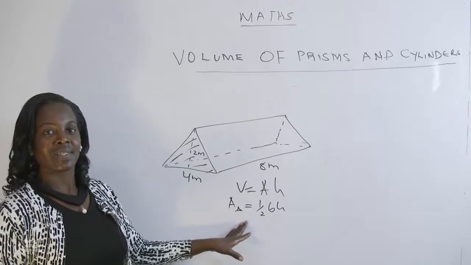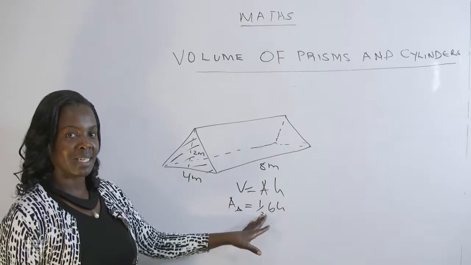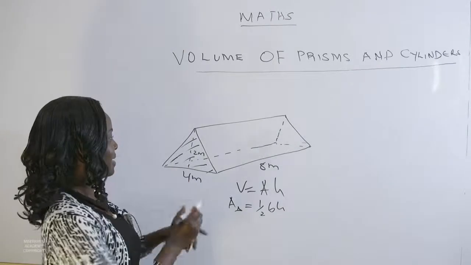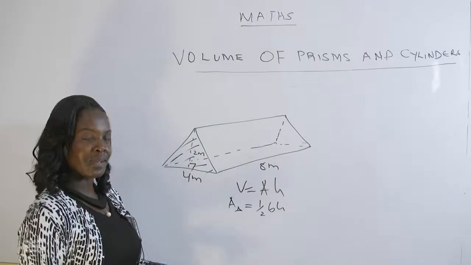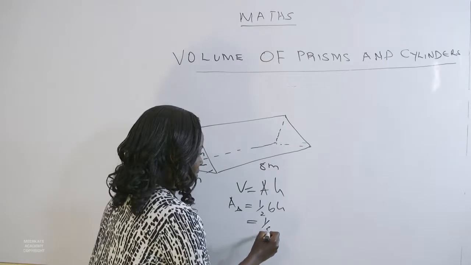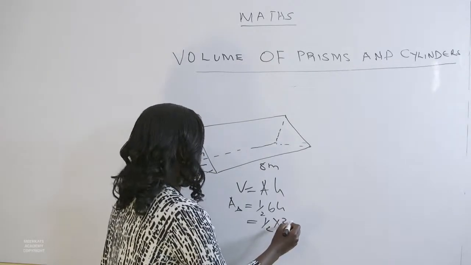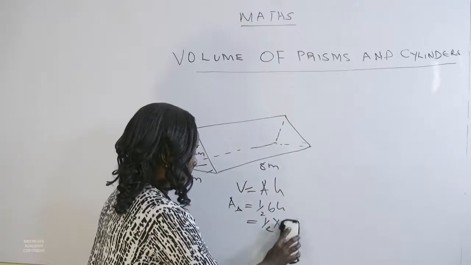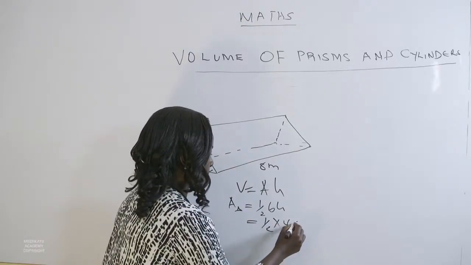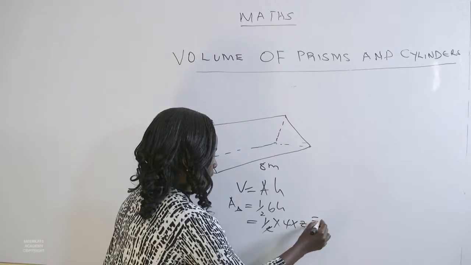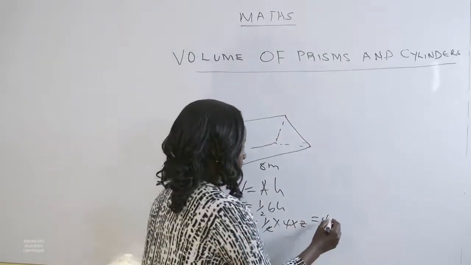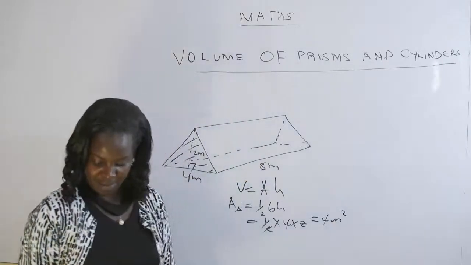We know that the area of a triangle is calculated by saying half base times the height. So substitute the values. The height is always perpendicular to the base. So base area is 4 square meters.